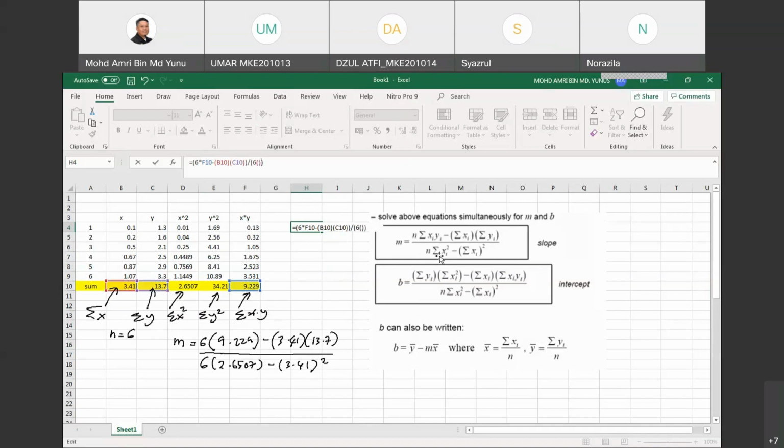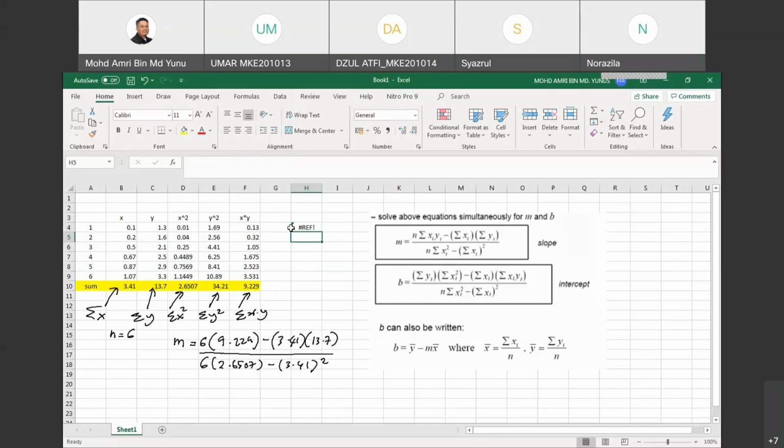multiply 6 multiply the sum of x square here minus sum of x square here but square.